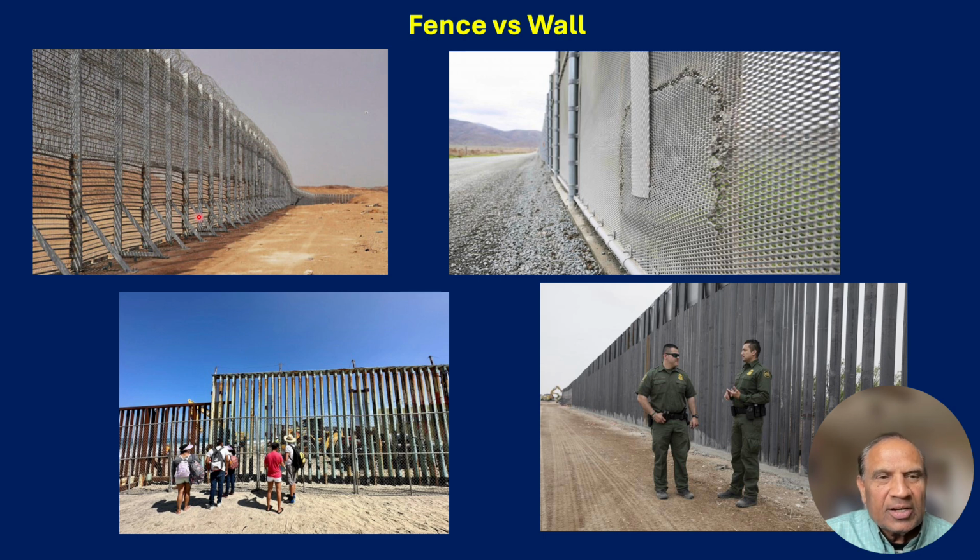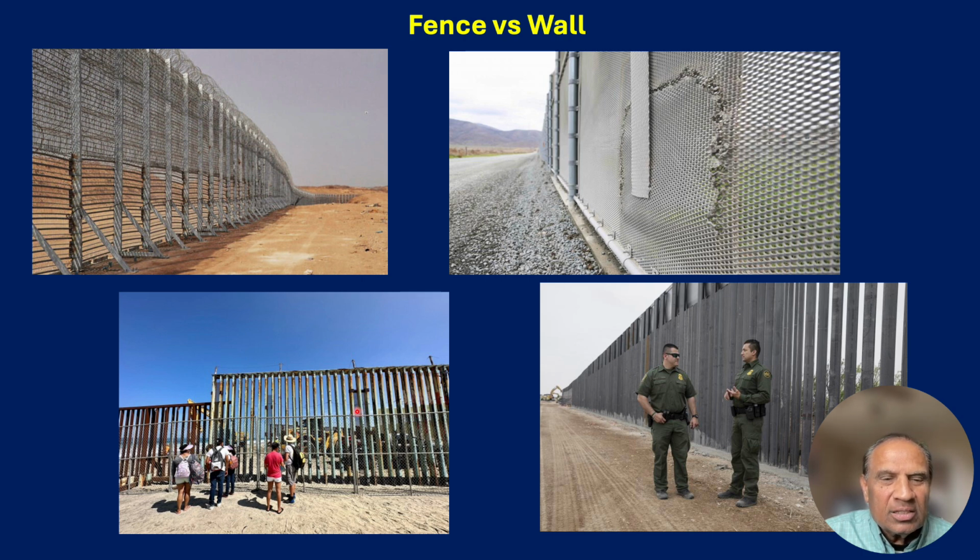This is a wall between Israel and Gaza, where nothing can go through at all, no space for anything to go through. Then there are some fences. You can think about this as the US-Mexico border. Even this fence can be torn or damaged, and through it people can go. Or sometimes the fences are a little bit porous, where people can go through even though they are not allowed or permitted.